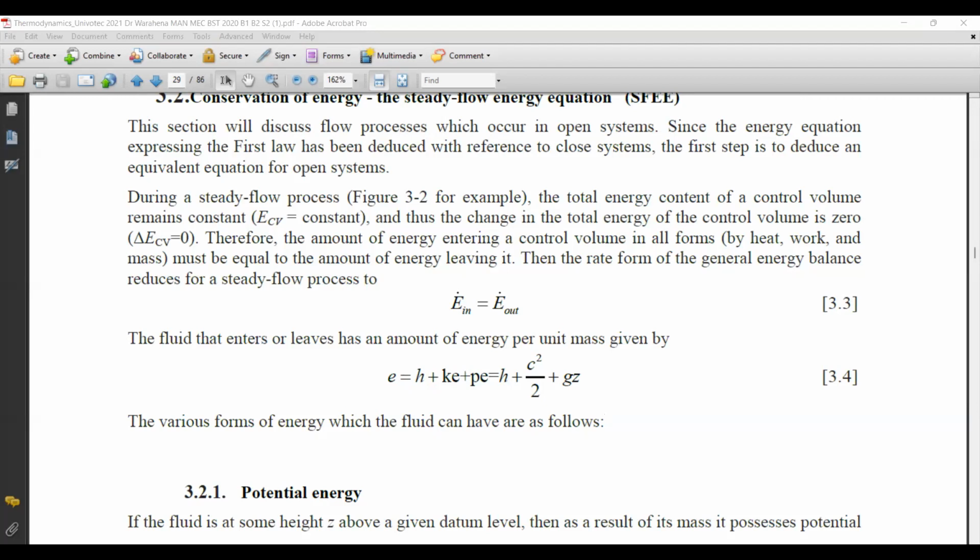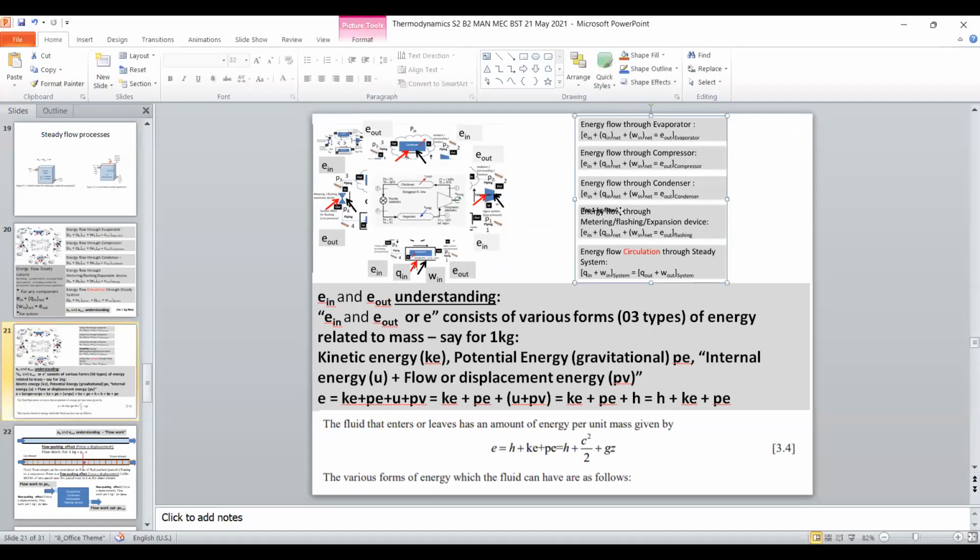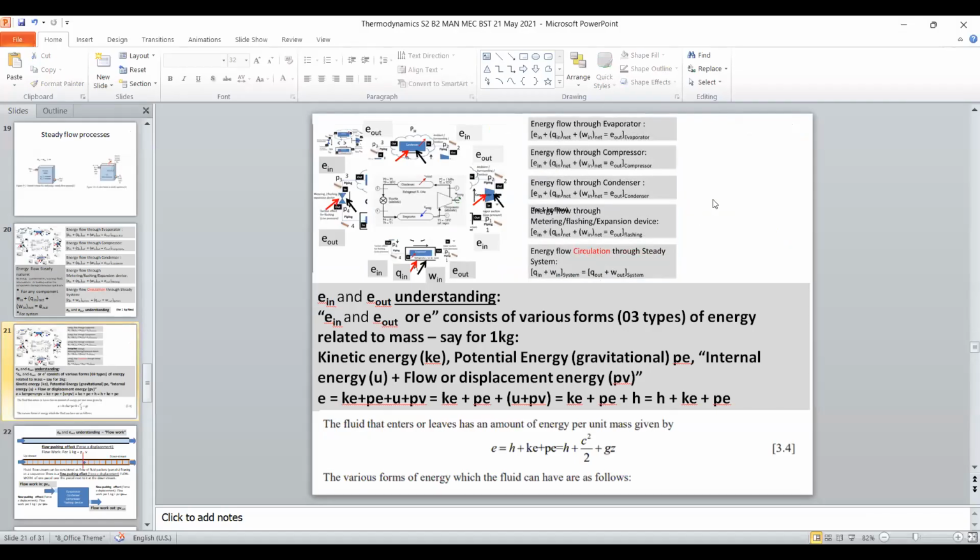So we have to understand this. Understanding. H plus Ke plus Pe. See, this from the note.